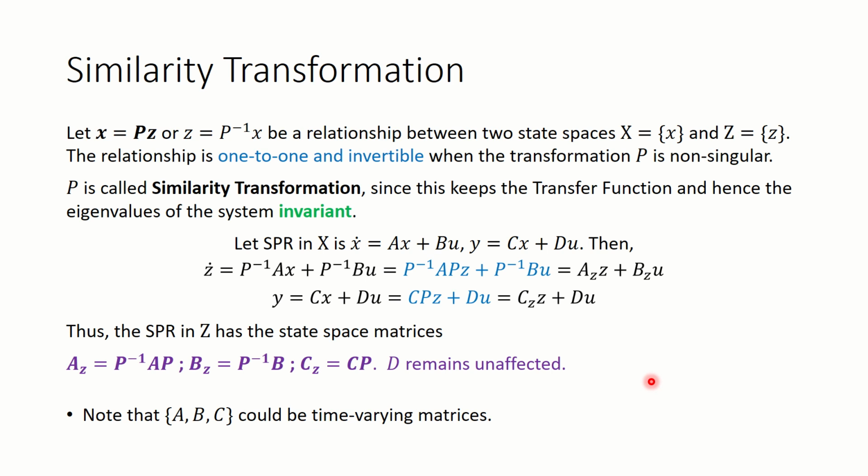If you write the rectangular form or the diagonal form for the same transfer function, you will not be able to use the same state variables for that form also, because you have already denoted x1 to xn to be the state variables of the phase variable form, and obviously the diagonal form is very different, the definition of the states are very different. So you have to assume some other state variable notation. So you can use perhaps z1 to zn in that case.